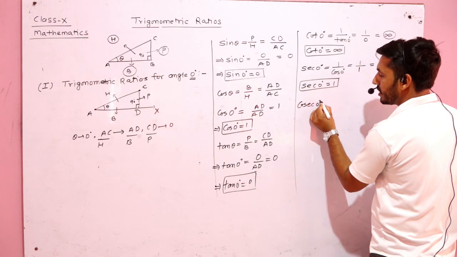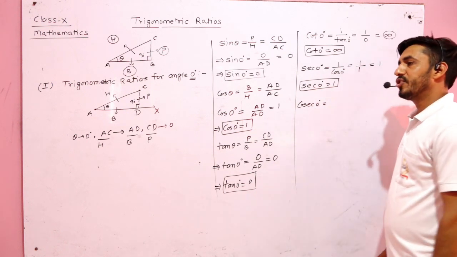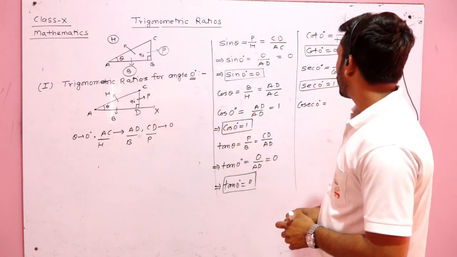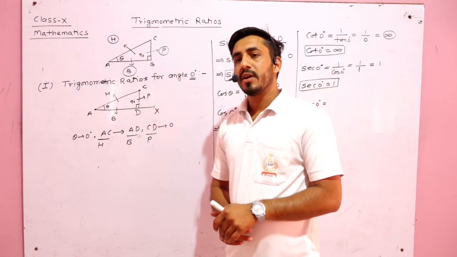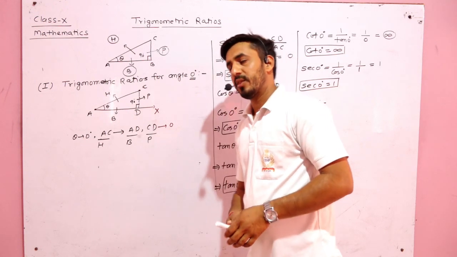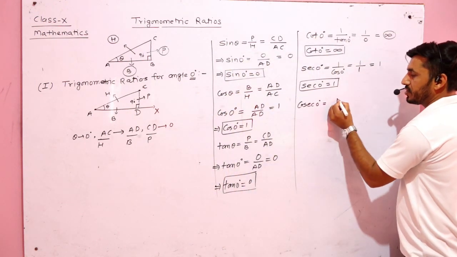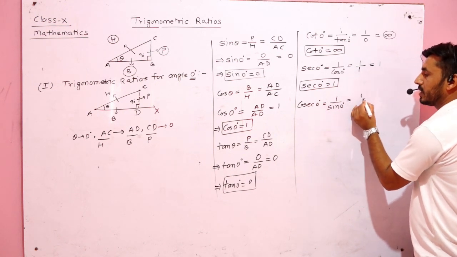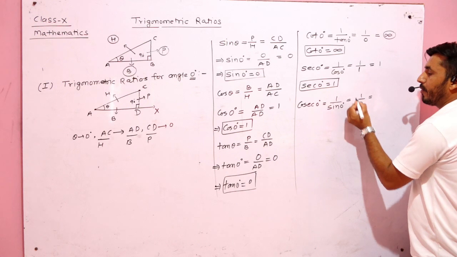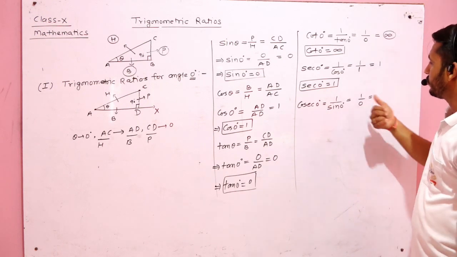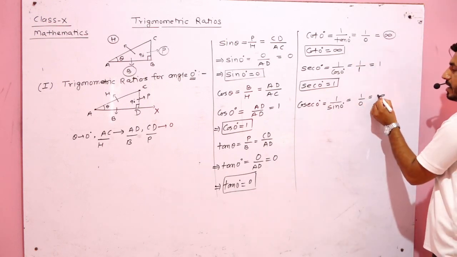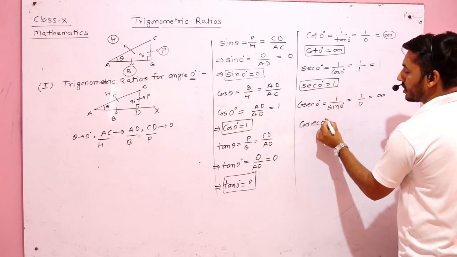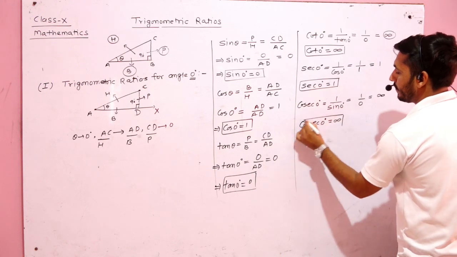As we have studied earlier, what is the relation of cosec theta and sin theta? We know cosec theta is the opposite trigonometric ratio of sin theta. Then I can write cosec 0 is equal to 1 upon sin 0. The obtained value will be 1 upon 0, and it is defined as infinite. In this condition cosec 0 degree is equal to infinite.